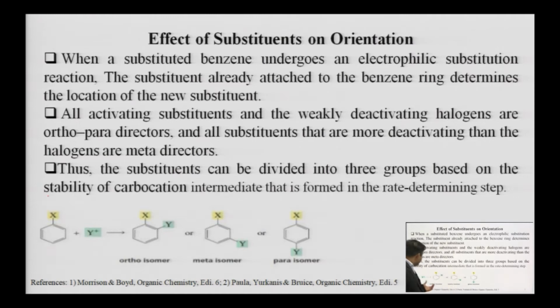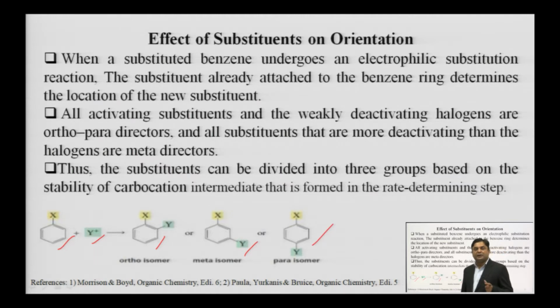Here we have a monosubstituted benzene. And the second electrophile approaches that substituted benzene for attack, and we can get three types of isomer: ortho isomer, meta isomer, or para isomer.